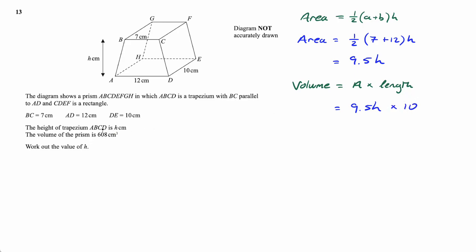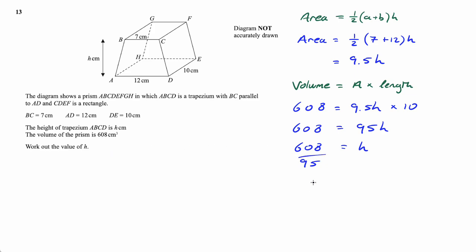And the volume he gives us is 608. Okay, so that means 608 is equal to 9.5 times 10 is 95. So you can just simplify that to be 95h, and therefore h is equal to 608 over 95.